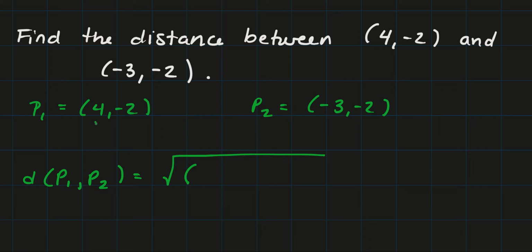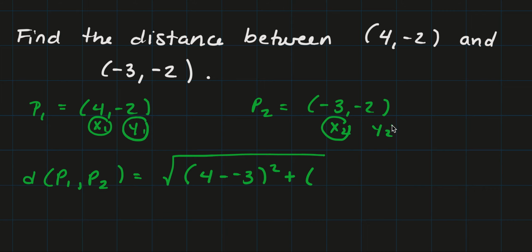So this is x1, y1. This is x2, this is y2. So 4 minus a -3, squared. This one minus this one, plus -2 minus a -2, squared.